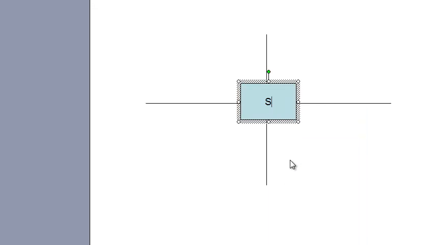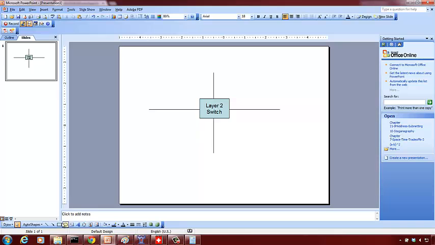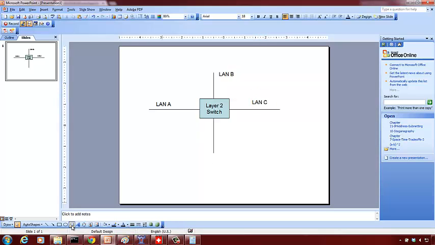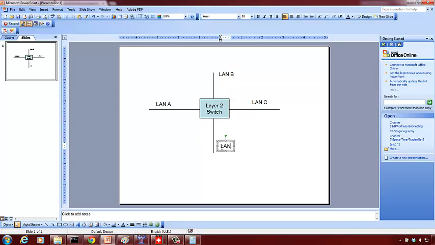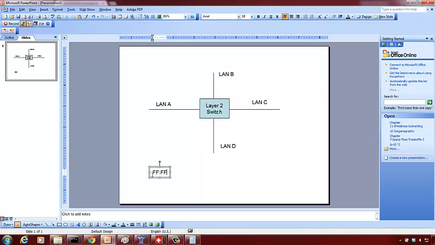Okay, so this is, say, your layer 2 switch. Here we have LAN A, LAN B, LAN C, and LAN D. If I want to broadcast a message from LAN A to LAN C, the only broadcast address I know at the MAC level is all Fs, right?